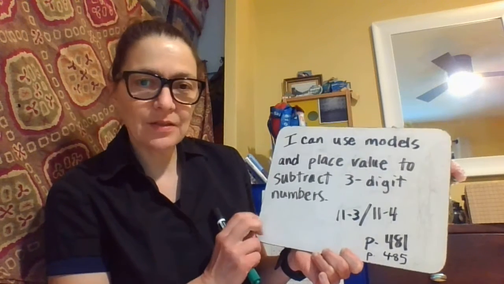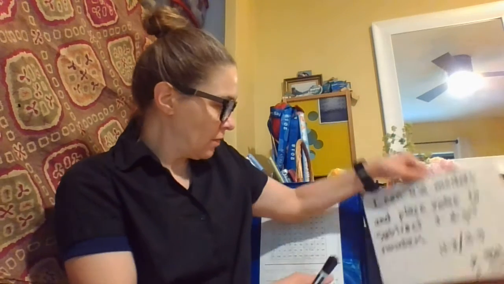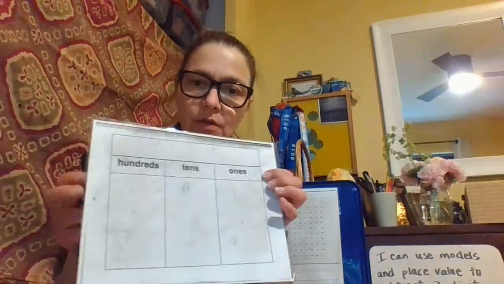All right, so let's get started on page 481, and you'll need your workbook and your place value blocks, your base 10 blocks. And you will need your whiteboard to model and your place value chart.